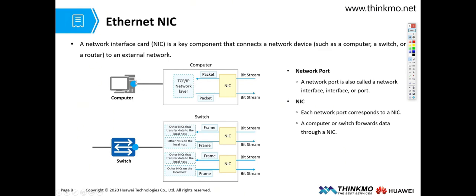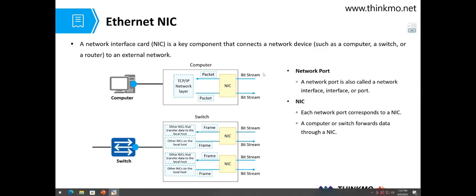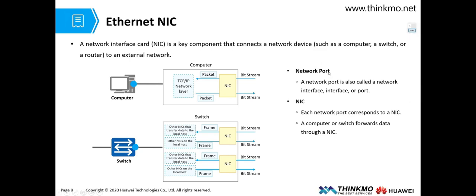Each network port must have a network card. When a computer or a switch processes data, it forwards the data through this network card. Now, in this context, the network card used by each network interface of our switch is an Ethernet card, which is the Ethernet network protocol we currently use. These are some basic concepts of Ethernet, including network cards and concepts of collision domains and broadcast domains.